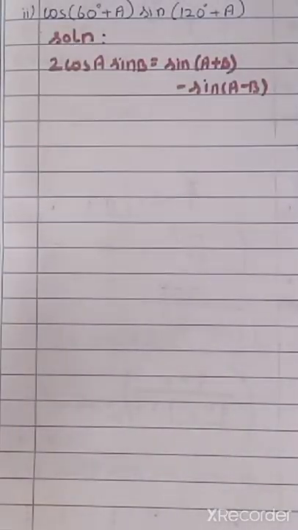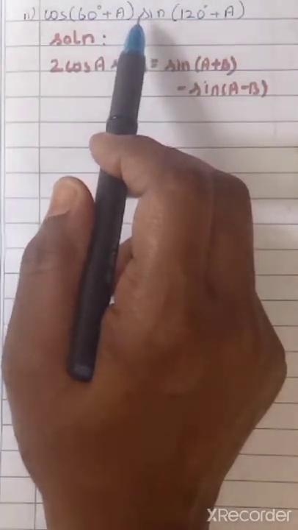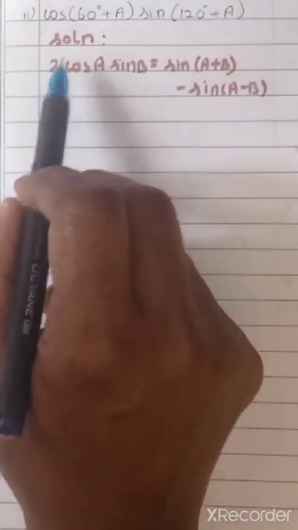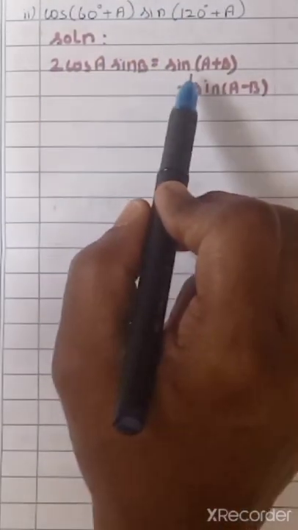Now the second subdivision. Cos(60 degrees plus A) sin(120 degrees plus A). So here also, look at this, it is a product. So we are going to transform the product into a sum or difference. Now what formula can we use? Cos sin, so 2 cos A sin B. What is the formula?